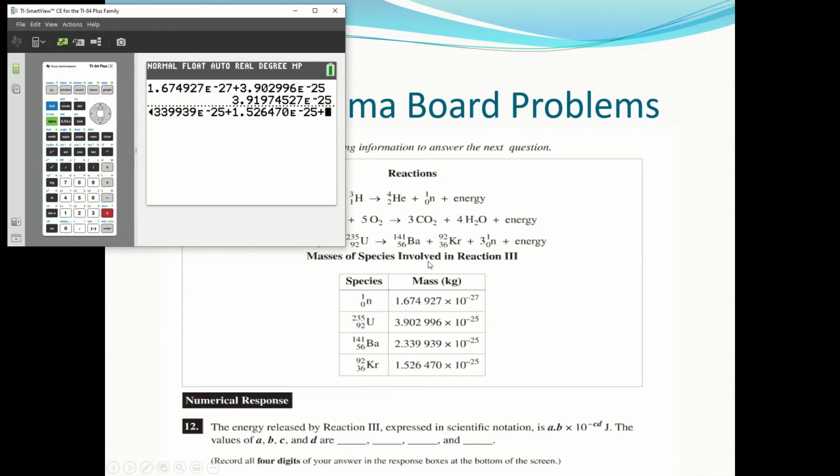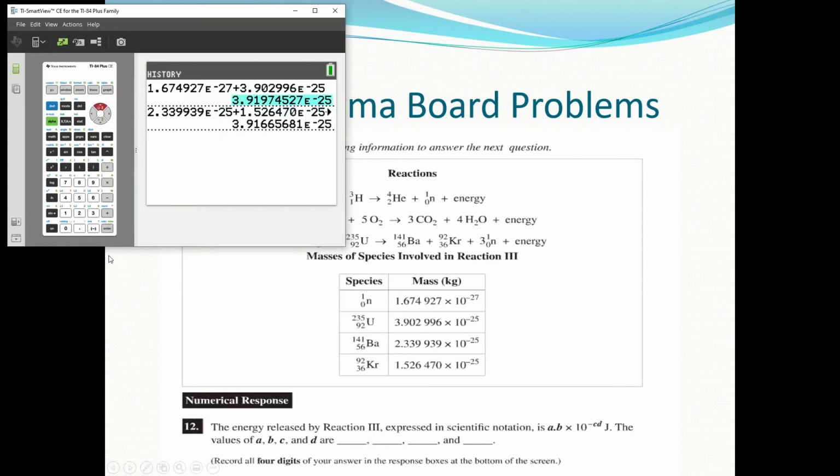And then we have the 3 neutrons, so I would start a bracket, 3 times 1.674927 times 10 to the negative 27. And if I did it right and I didn't make any mistakes, they should be close. Oh, perfect. So those are really nice and close.